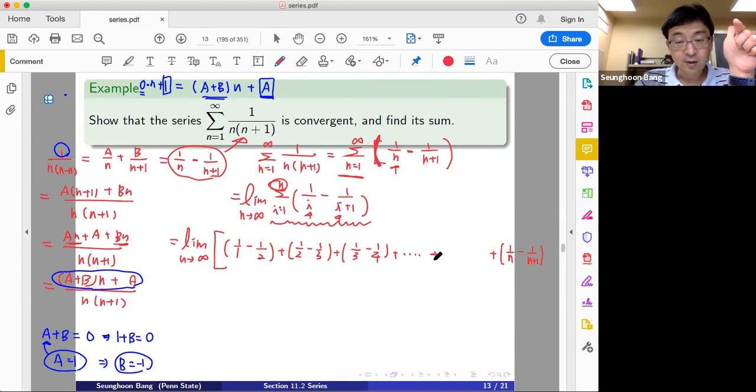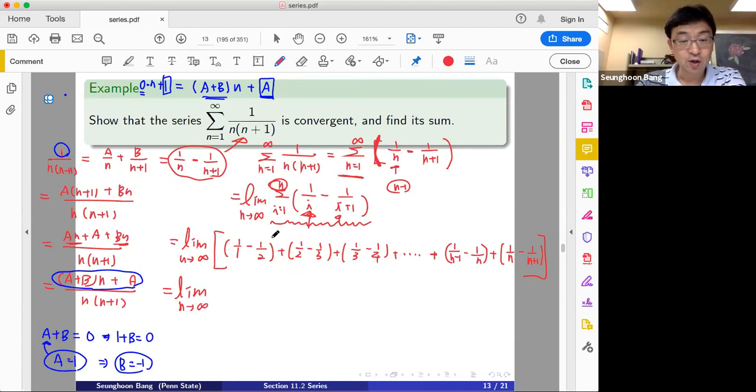What is the previous one? The previous one is n minus 1 plugged into i. So we have 1 over n minus 1 minus 1 over n minus 1 plus 1, which is just n. Now keep the limit as n approaches positive infinity.